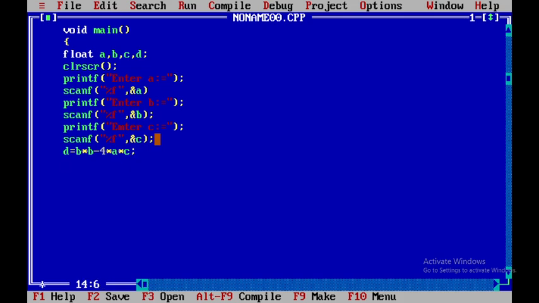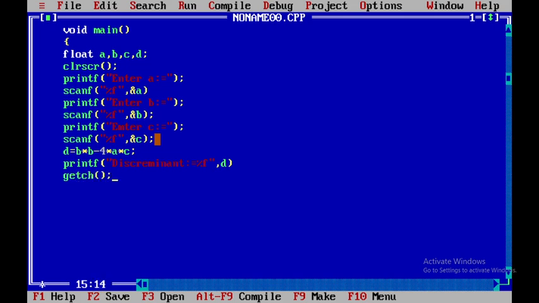Okay, and then we are going to printf the value of discriminant is equal to %f, d.